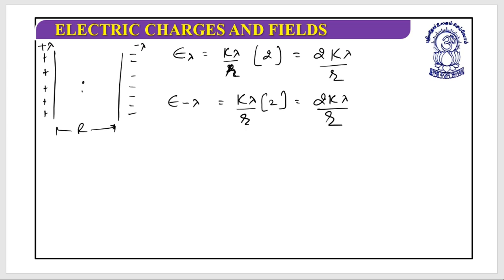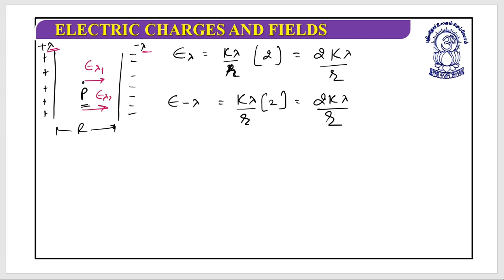Now let's find out the direction of the electric field. Please guide me, what should I do? Yes, this is plus lambda. So for this, the direction of electric field will be in this direction, E lambda 1. This is minus lambda. So for minus lambda, the direction of electric field will be radially inwards.